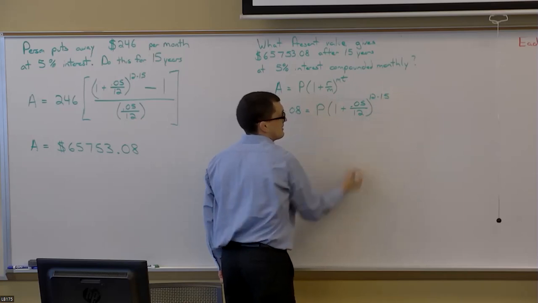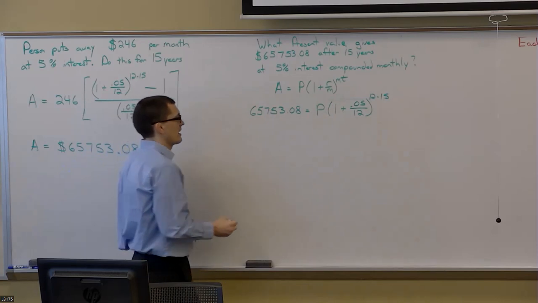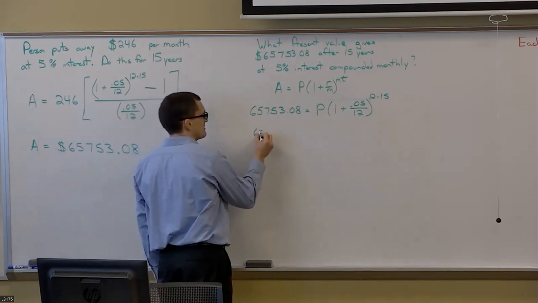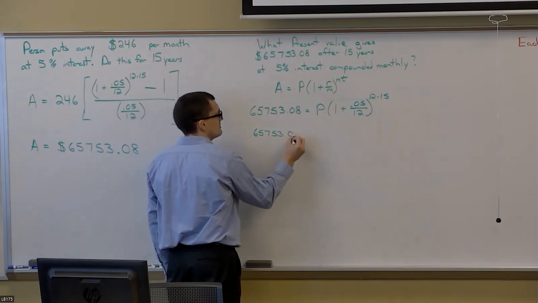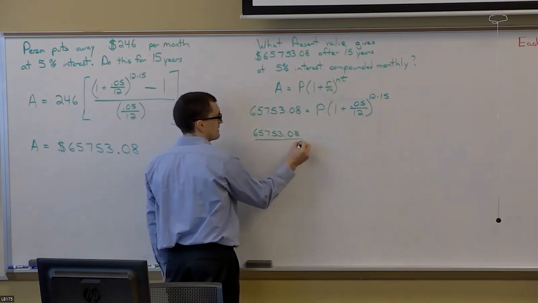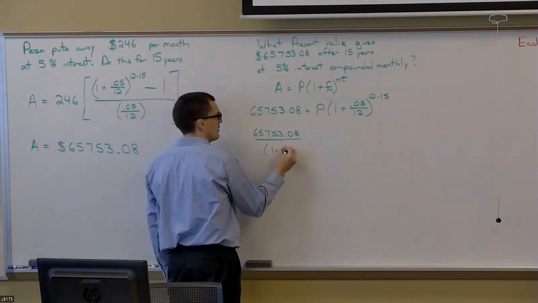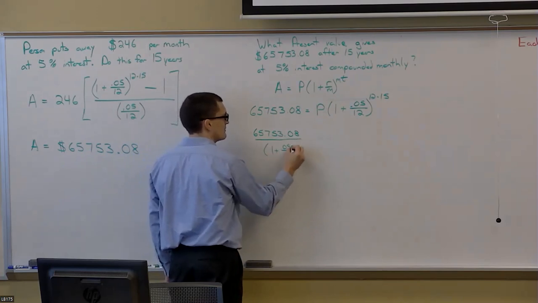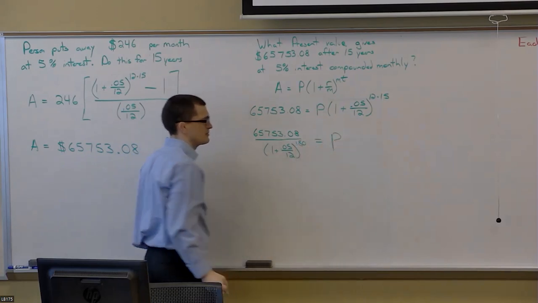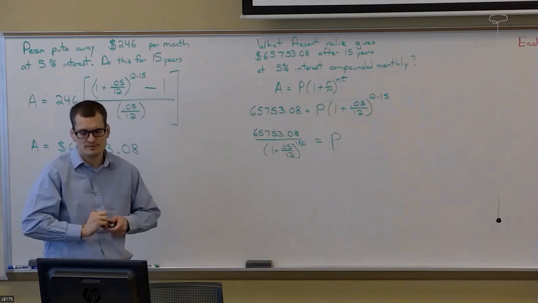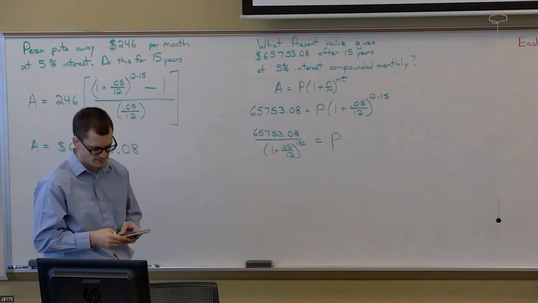Again, that'll be 180 when I type it in my calculator. All I have to do is take that $65,753.08 divided by 1 plus 0.05 over 12 to the 180th power. That'll give me my present value, right? We did that last time.